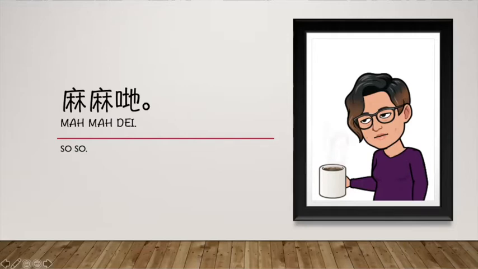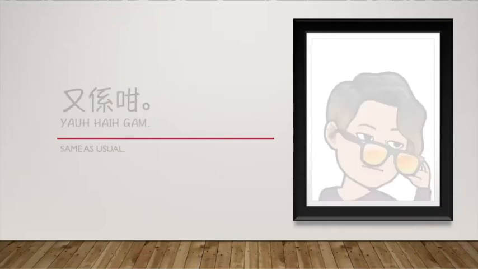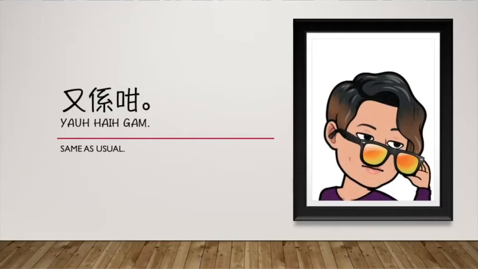And if it's like, nothing much, same as usual, we'll just say, 又係咁, 又係咁. Again, the la can be placed at the end of this. So you can say, 又係咁啦, 又係咁啦.